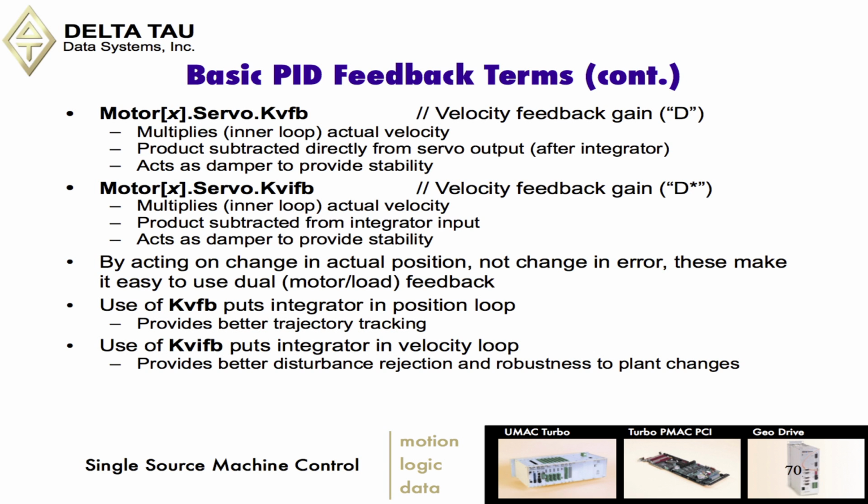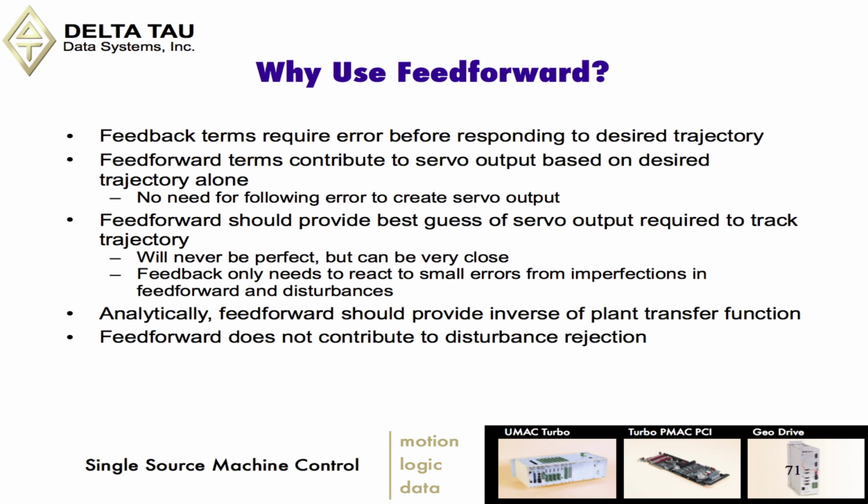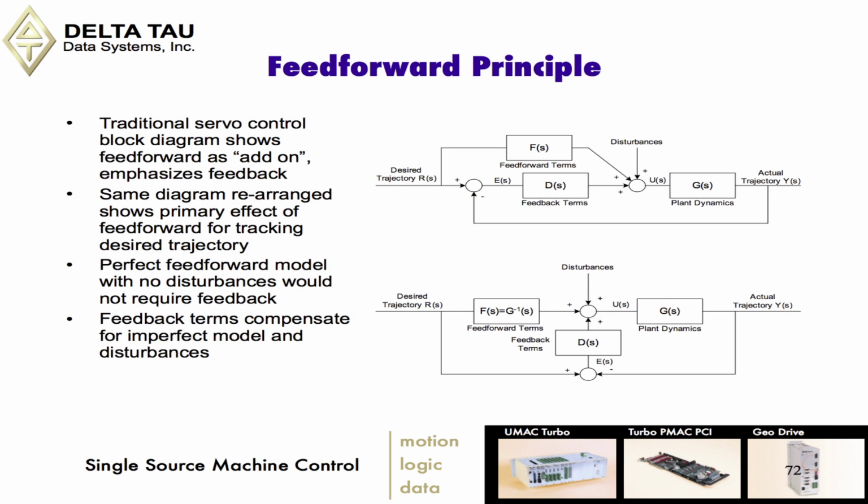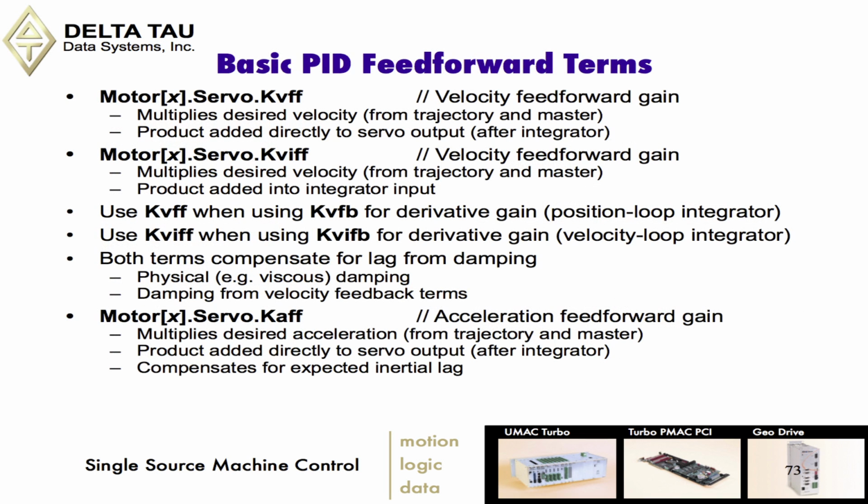Velocity feed forward in the velocity loop, or the velocity feed forward in the inner loop. And then we also have the velocity feed forward in the inner loop, but subtracted from the integrator. I'll let our servo expert really describe the usages of these terms, but this can help when you have dual feedback.